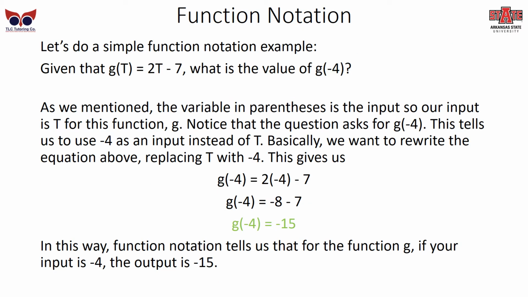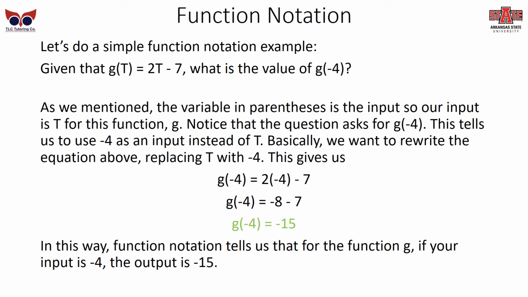So let's try a simple function notation example. Given that g of t is equal to 2t minus 7, what is the value of g of negative 4? As we mentioned, the variable in the parentheses is the input, so t is the input of the function g. This asks for g of negative 4, so we use negative 4 as the input rather than t.